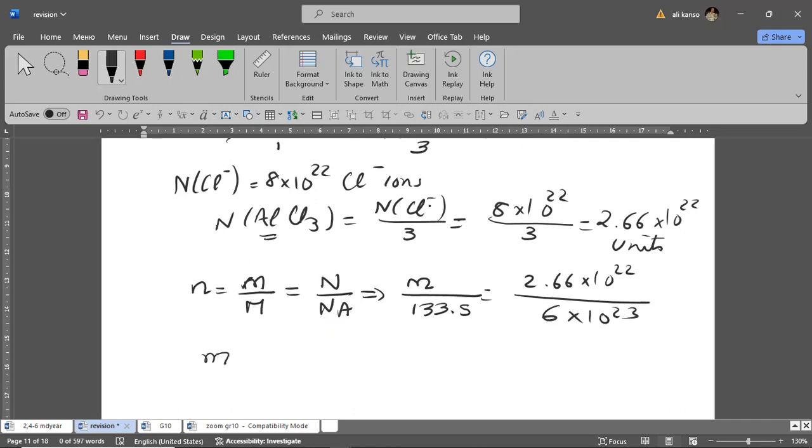M is equal to 2.66 times 10 to 22 cross multiplied by 133.5 divided by 6 times 10 to 23.